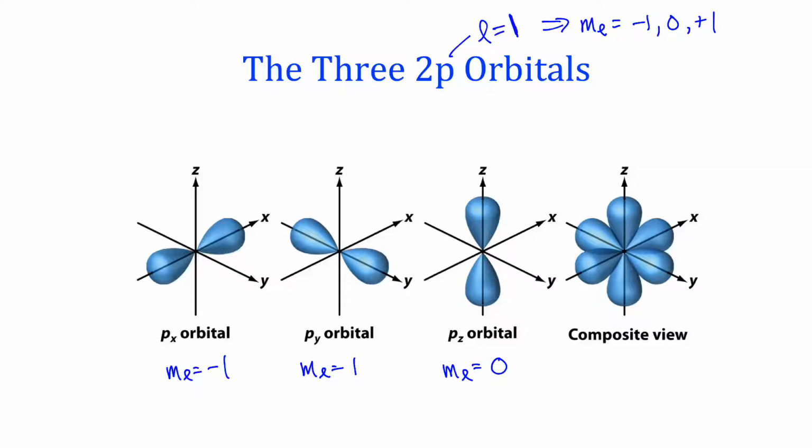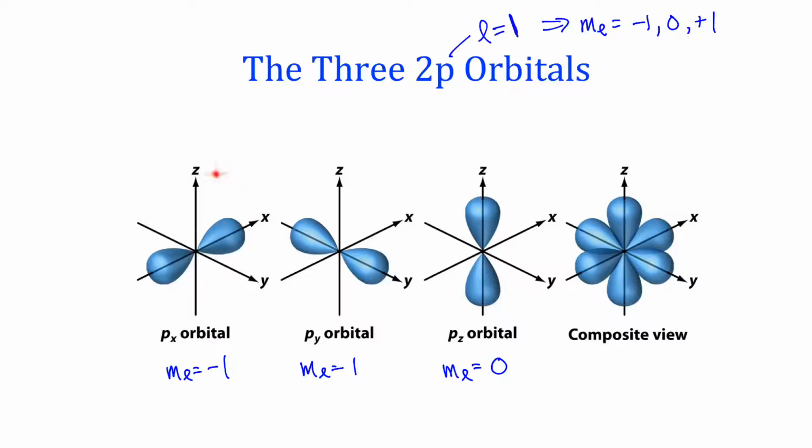Again, just highlighting the idea that each one of these different m sub L values represents a different orientation in space. For the px labeled orbital, that is just one that is oriented directly on that x-axis. Our py orbital, likewise, is aligned directly on the y-axis, and our pz orbital is aligned directly on that z-axis.